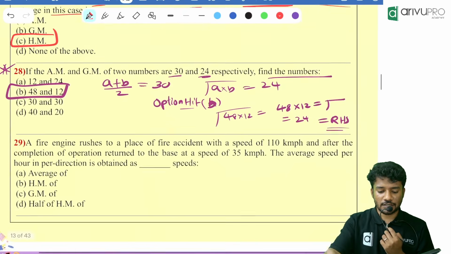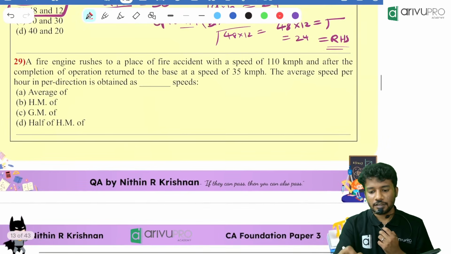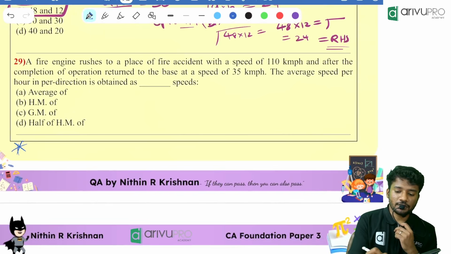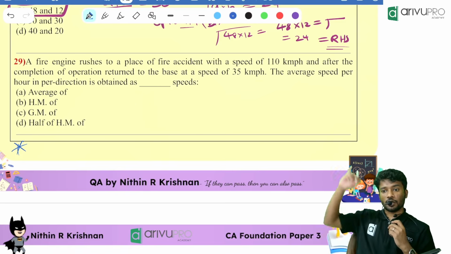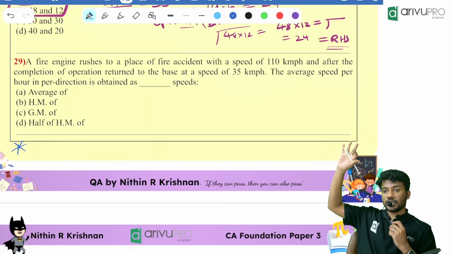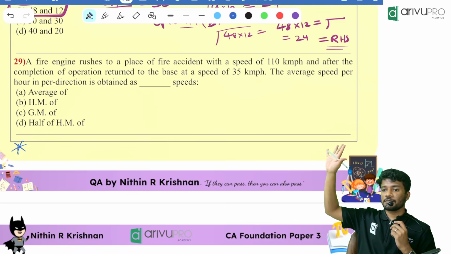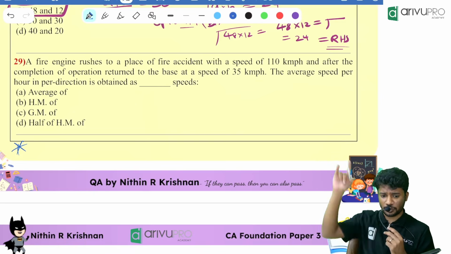Now, one interesting question to wind up. If someone tells me the answer, I'll be happy. Within 10 seconds. Okay. 1, 2, 3, 4, 5, 6, 7, 8, 9, 10. Harmonic mean? Pakka harmonic mean? Yeah, everyone is telling harmonic mean. First, read the question again.